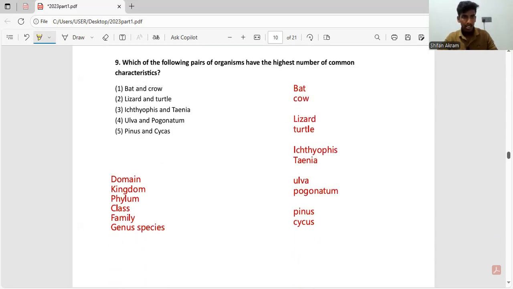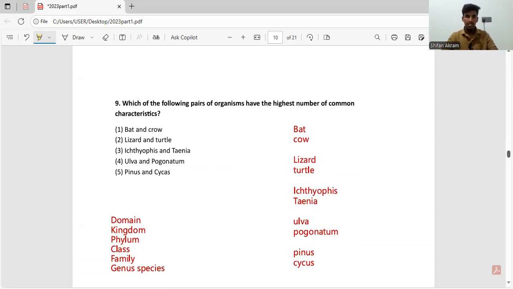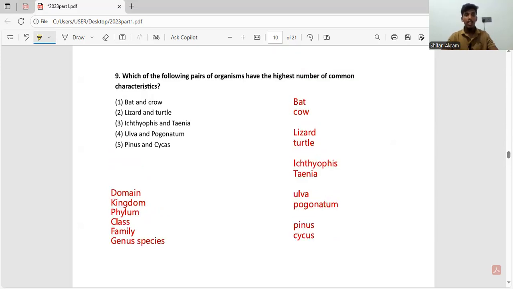Okay, now let's go to the ninth question. Which of the following pairs of organisms have the highest number of common characteristics? We know the biological hierarchy, right? From domain, kingdom, phylum, class, family, genus, species, so it moves down. As we move down, the number of common characteristics increases.